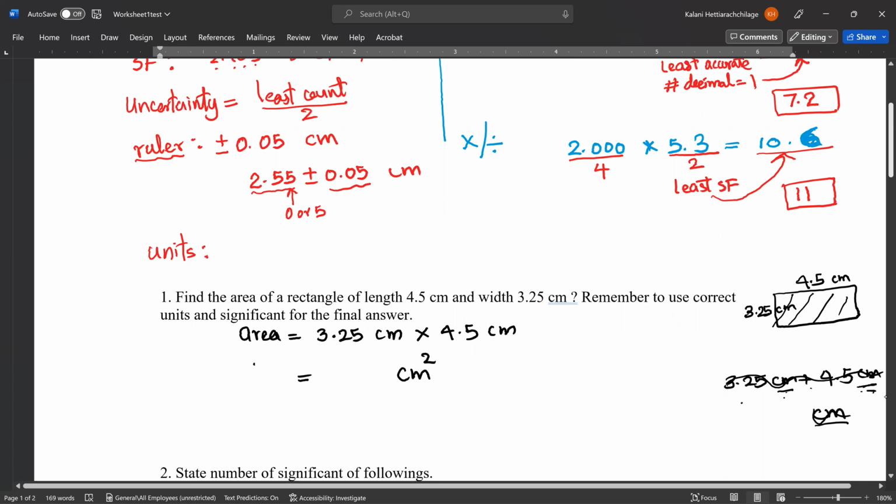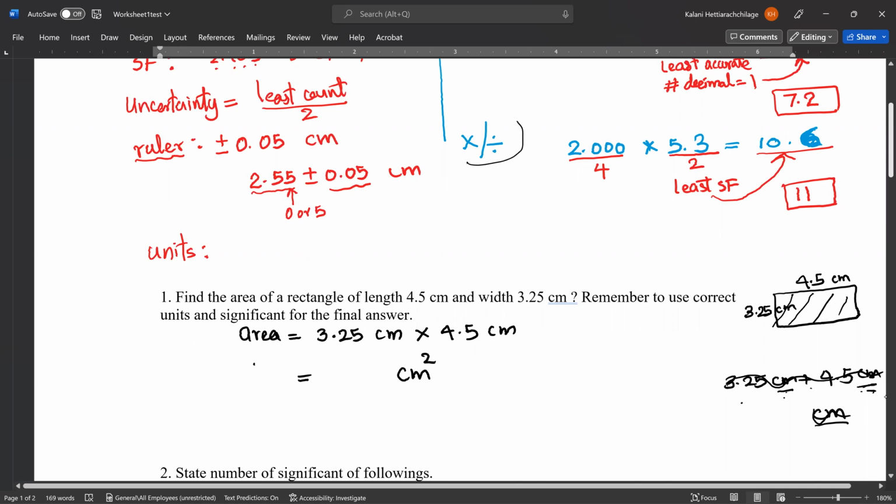Okay, so now we know that it is centimeter power 2. But what will be the answer in here? So now if you do the calculator 3.25 and 4.5, you're going to get the answer. But what is the correct answer in here? How many sig figs should I keep? Now you need to go back and think of the rule.